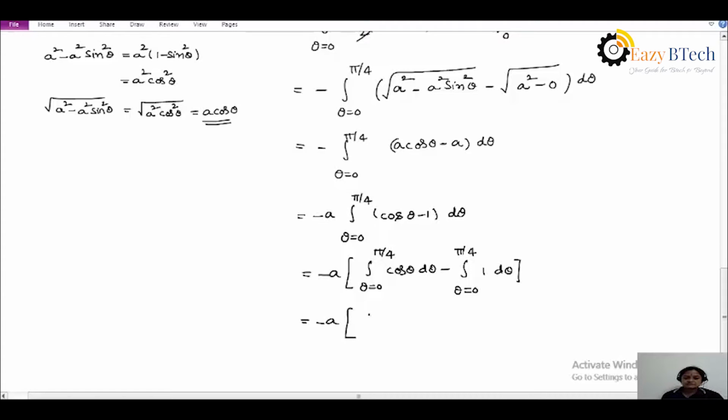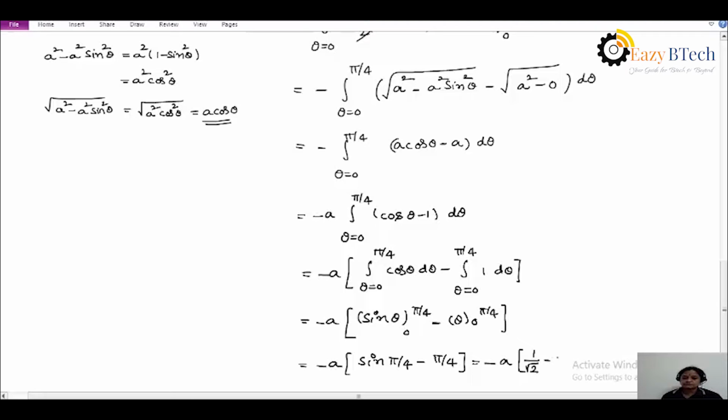Now the cos integration is sin theta within the limits 0 to pi by 4, and the integration of 1 is theta, that is 0 to pi by 4. Then minus a, then sin pi by 4 for the upper limit, 0 for the lower limit, and minus pi by 4. That is minus a, sin pi by 4 is 1 by root 2, minus pi by 4, is the answer of this question.